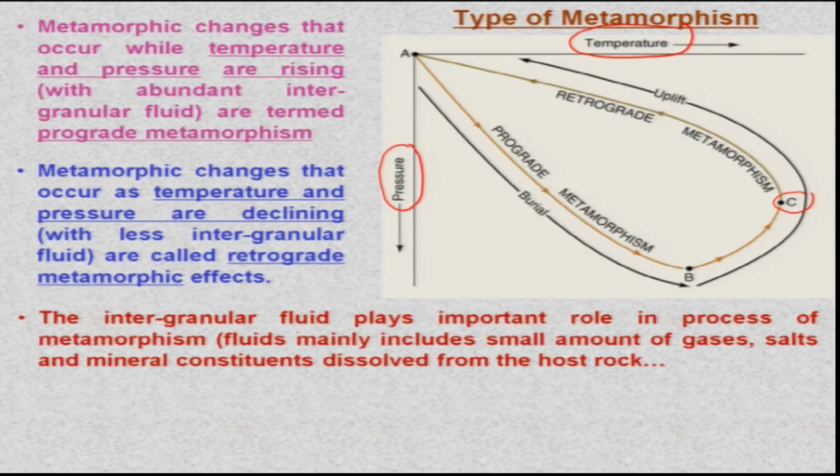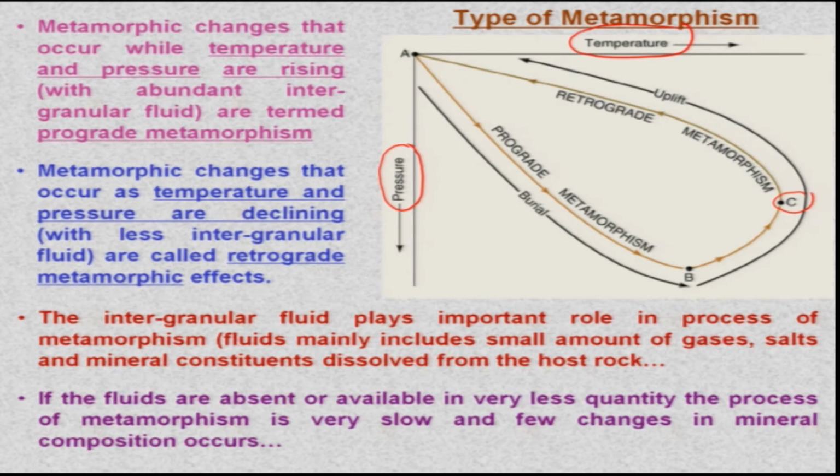So intergranular fluid plays an important role in the process of metamorphism. These fluids may include some amount of gases, salts, and mineral constituents dissolved from the host rock. Now, if the fluid is absent or available in very small quantity, the process of metamorphism is very slow.